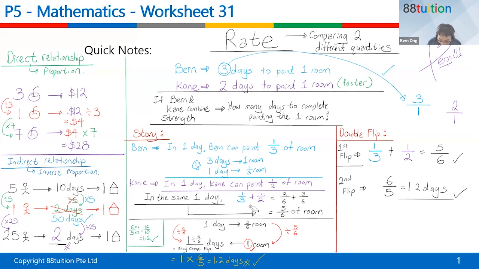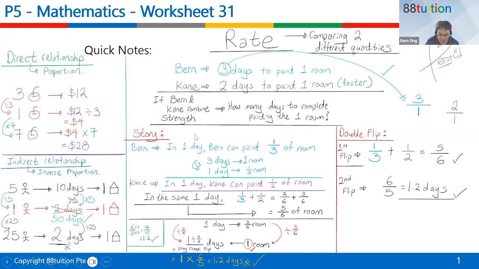Remember rate: you take 5/6, divide by itself, you get 1. If you divide by 5/6, you must do the same on the other side, to be fair. So 1 divided by 5/6 gives you 6/5, which is 1.2 days. This part you can press your calculator. That's your second flip. So that is the story.